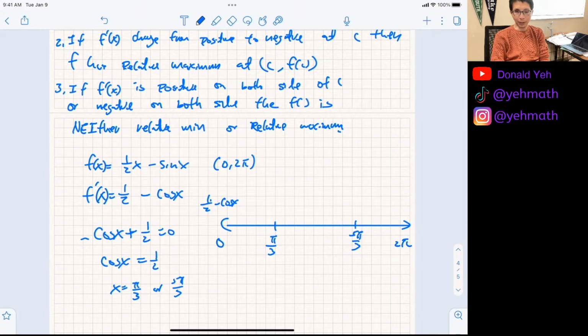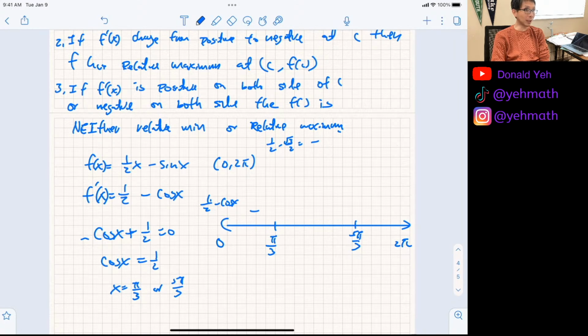Okay, what happens if I plug in pi over 6? What's cosine of pi over 6? Root 3 over 2. What's 1/2 minus root 3 over 2? Is that negative or positive? Negative. 1/2 minus root 3 over 2. Is root 3 higher than 1 or smaller than 1? Higher. Okay, so is that going to be negative or positive? Negative. Good. Are we okay here?